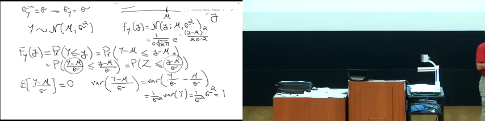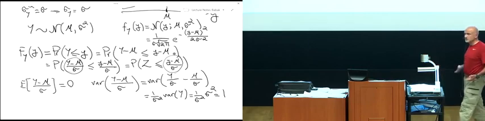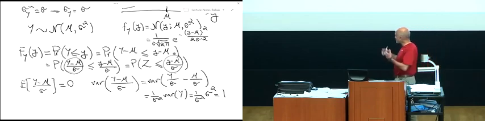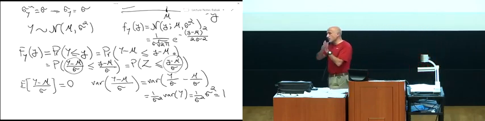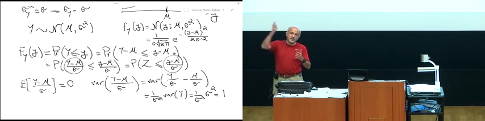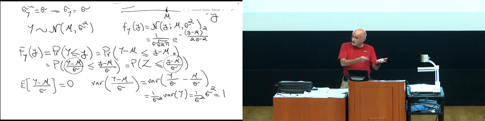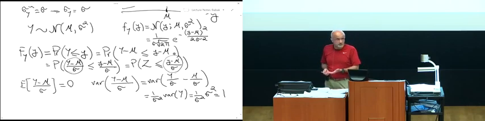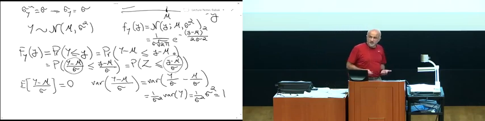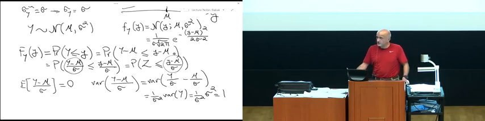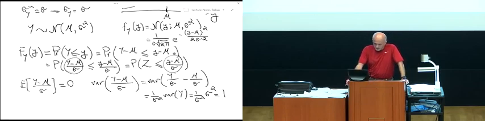Right? So that's why you don't need different tables for different Gaussians. Any Gaussian that you have, to figure out the probability that it's between two values or less than some value or whatever, you convert that Gaussian into a standard Gaussian, and then you look up the table or plug it into whatever software or calculator.